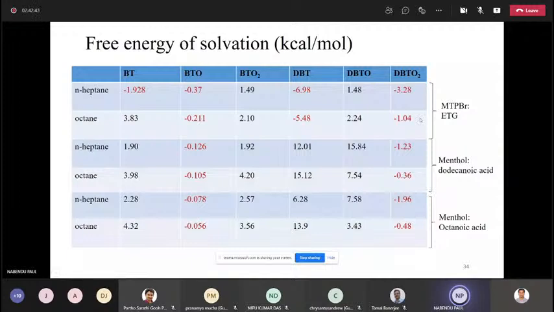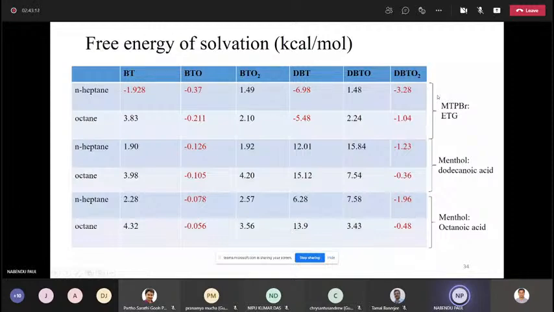Here we can see that menthol based DES solvents are not good, but on the other hand, the MTPBr EG is having good results, like 6.98, 5.48. These are good results, not for all the sulfur compounds, but for a lot of them, three or four compounds can be separated from these organic solvents.